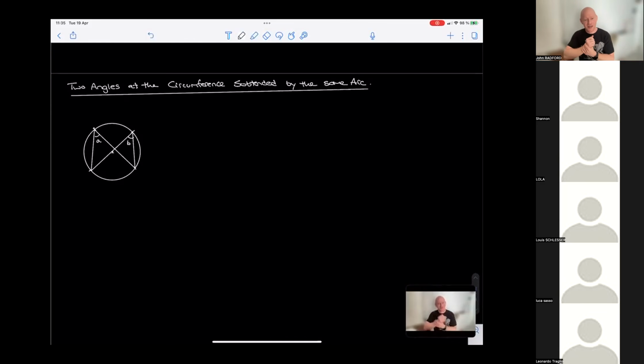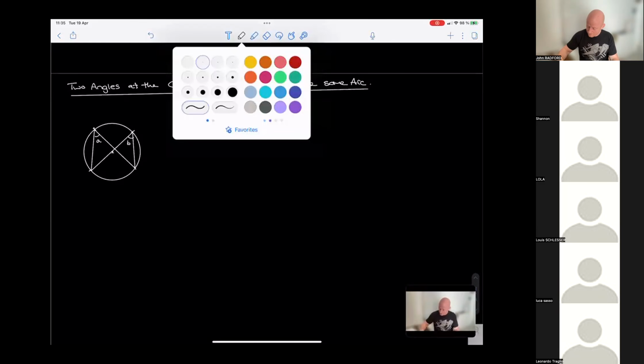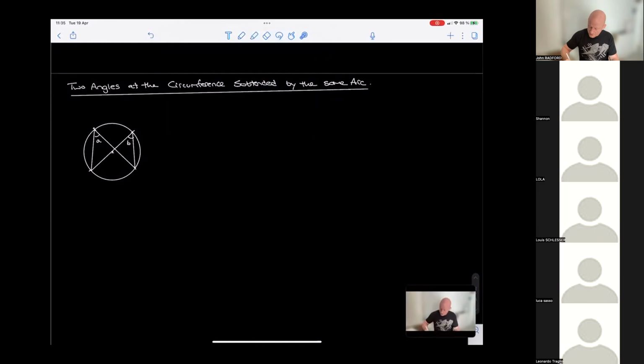But what this theorem is telling us is the following: that provided 2 angles at the circumference, so what we have here, A and B, provided those 2 angles are subtended by the same arc, which they are here. Hopefully you can tell they're both subtended by this arc. Then those 2 angles are equal.